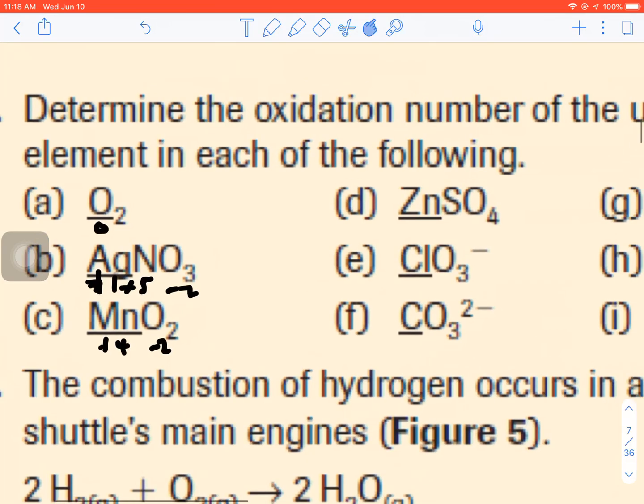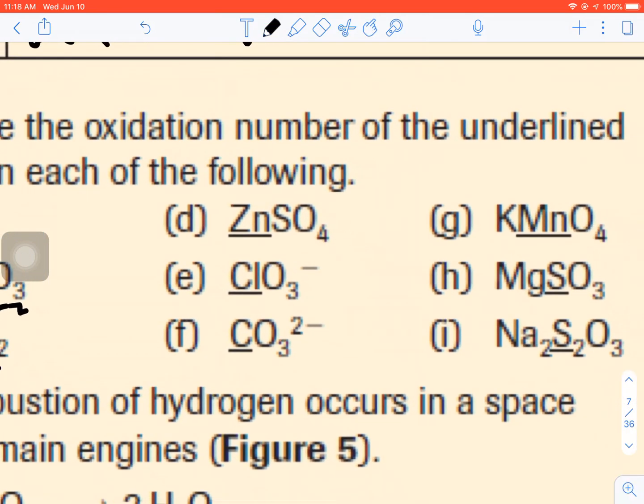If I move over to zinc sulfate, again, ionic compound, zinc is always a +2 ion. Oxygen is always -2. So I've got 4 -2s, that makes -8, but I only have 2 pluses, so I need 6 more pluses for sulfur.